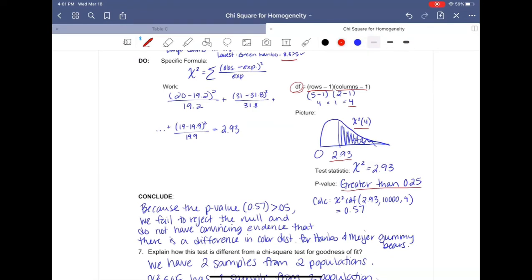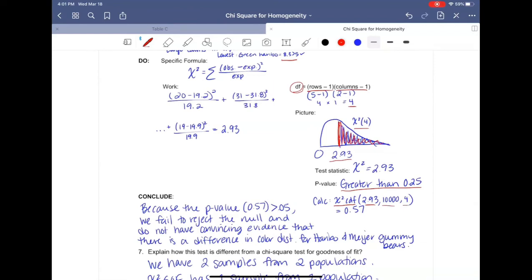So in your calculator, you'd need to go to your distributions menu, and then you're going to do chi-square CDF. Your lower bound, so where we started shading on our picture, is right here at 2.93. And then we go up to essentially positive infinity, so I just put a large number. I usually use 10,000. And then your degrees of freedom.